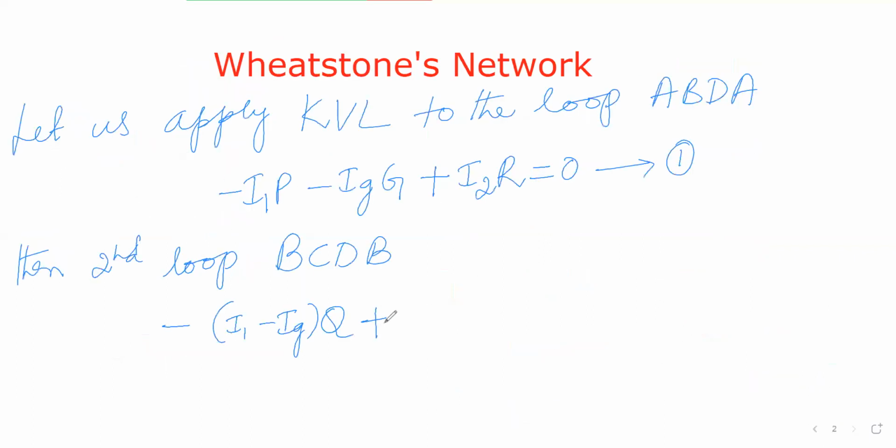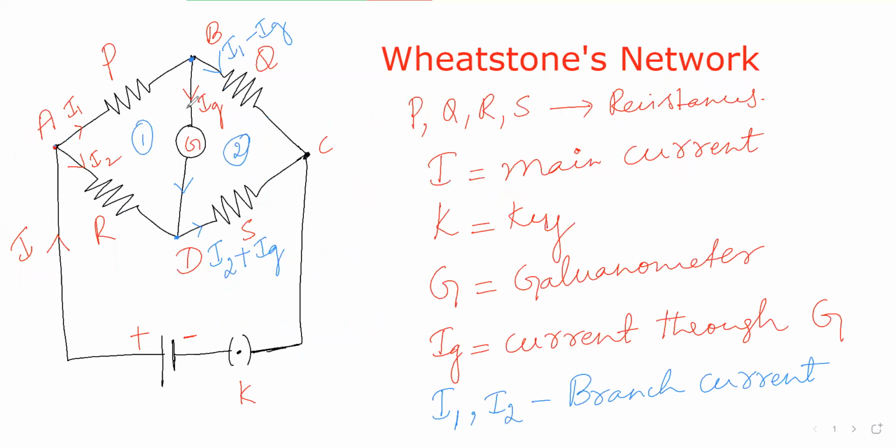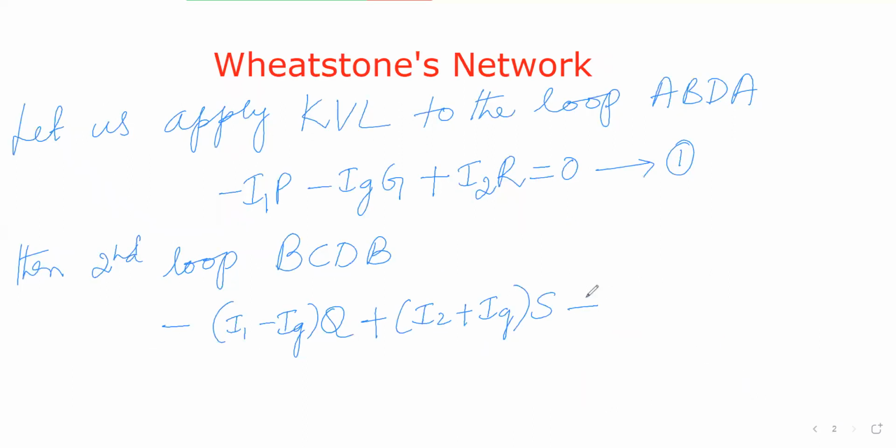So when it comes to opposite, we have to take it as plus (I2 plus IG) into S. Again from D to B we have to go, that is again opposite to the direction of the current. So I'll take it as plus IgG equals 0. Let me call it the equation number 2.